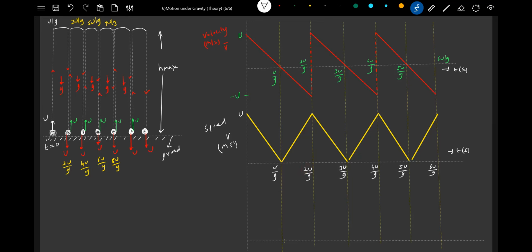Okay, look at the speed versus time graph for a ball projected vertically up. And what is the basic necessary condition?